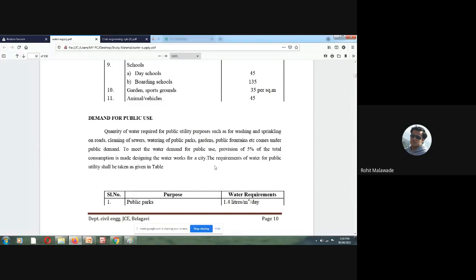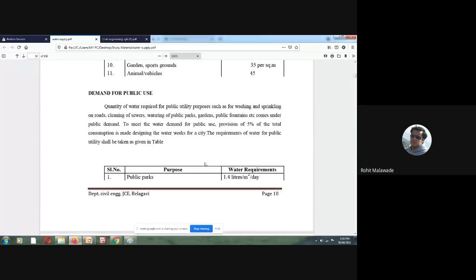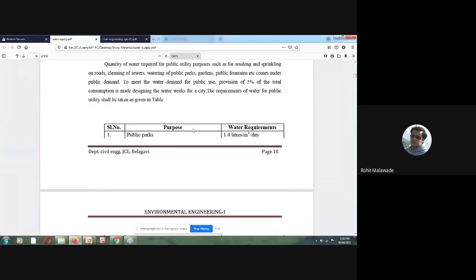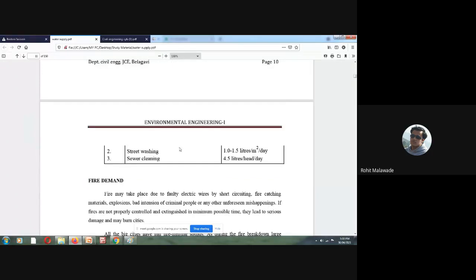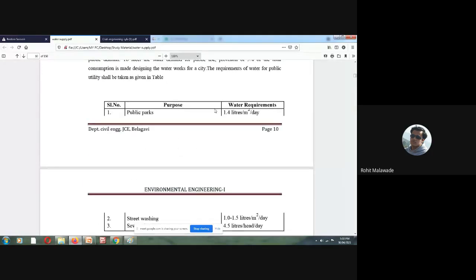Okay. Here, one more thing, the provision of 5% of the total consumption is made in designing the water works of the city. Then in the public parks, the water requirements are divided. Public parks, we require around 1.4 liters per meter square per day, if you want to sprinkle or water the plants.